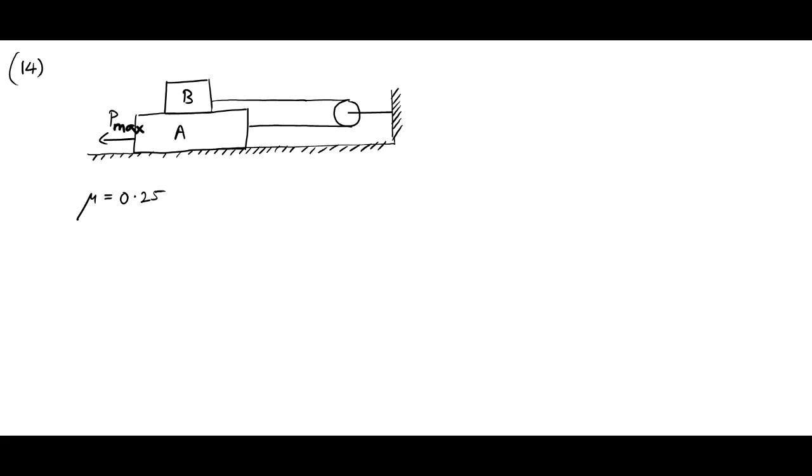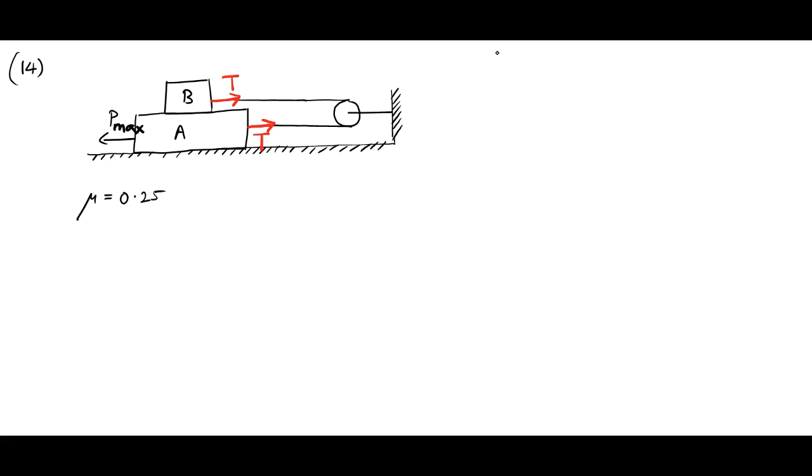So that would mean that in the FBDs, the tension which the string applies on block B, let's call it T, the same tension prevails at the other end too. The tension remains the same. That's a property of an ideal pulley and string system. So this fact we will make use of when we are drawing the two separate FBDs.